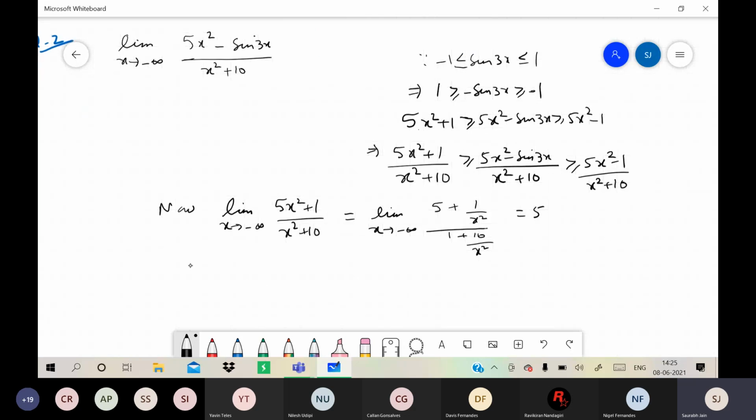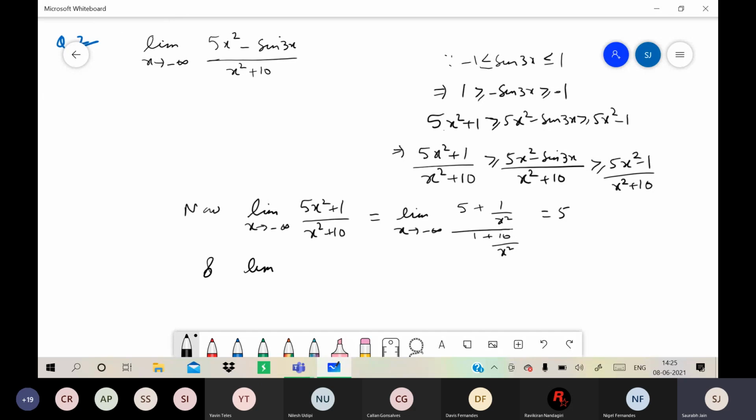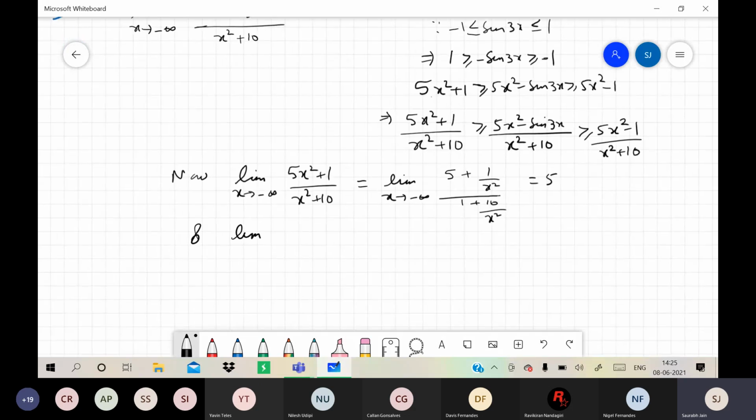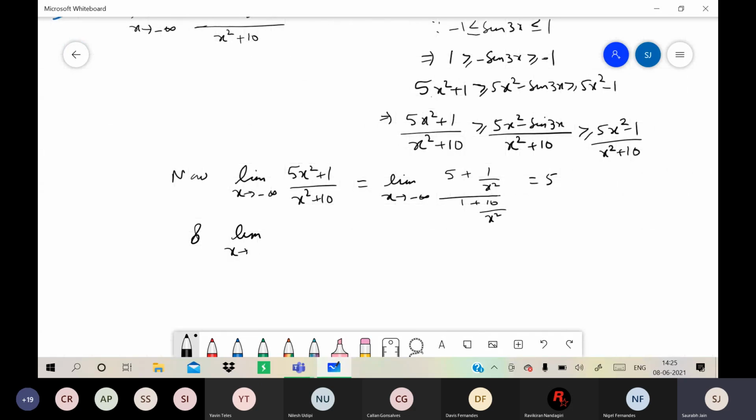Then we find the next limit, x tends to minus infinity, (5x square minus 1) upon (x square plus 10). This is also the same. Divide by x square: 5 minus 1 by x square upon 1 plus 10 by x square.